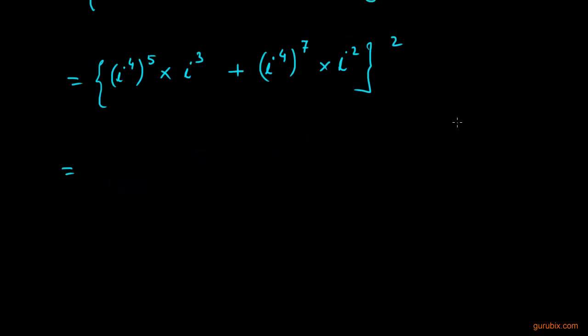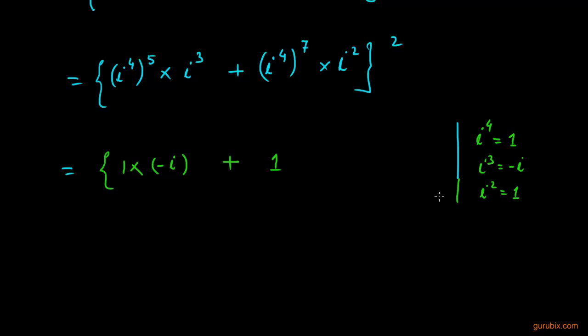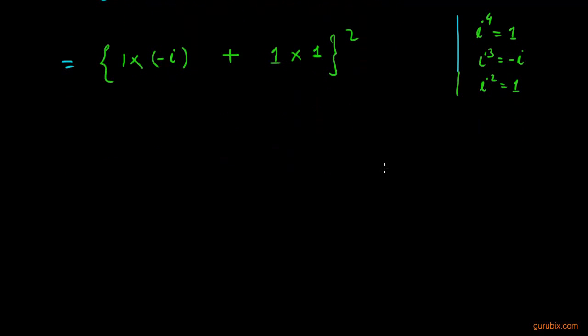And we know that iota raised to the fourth power is equals to 1, therefore this whole value is 1. And we know that iota cube is equals to negative iota, then this value is negative iota, and this value is 1. And we know that iota square is equals to -1, so this value is also -1, and here the whole value raised to the second power.